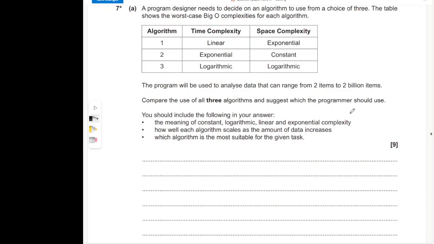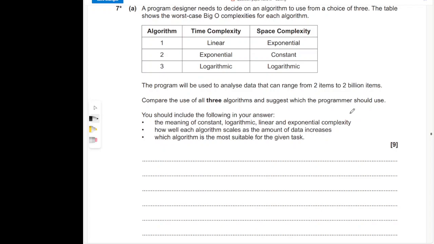Number 2, it's going to get slower as we add more data items, and that's going to get worse the larger the number of items is, but it won't require any extra memory as we add more data items. And number 3, it's going to get slightly slower each time we add some data items, but that will not become massively problematic.